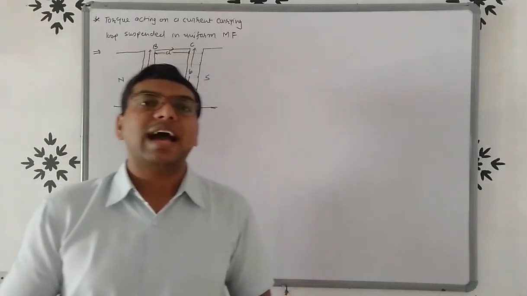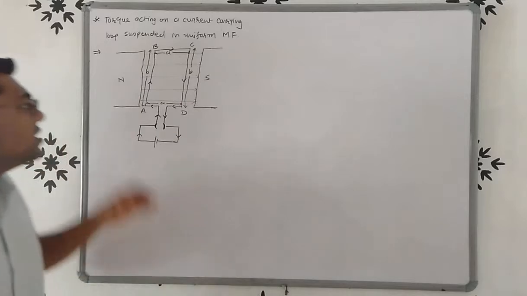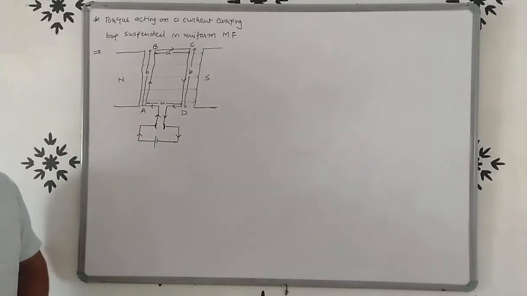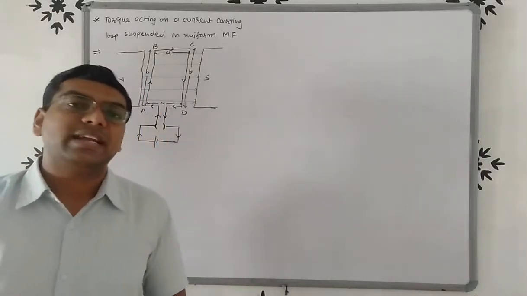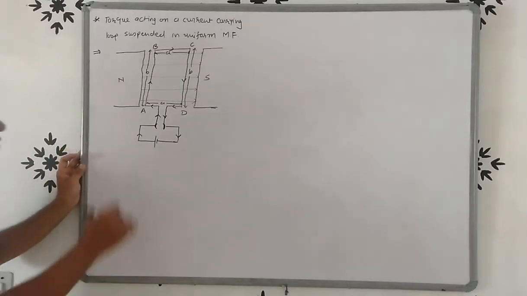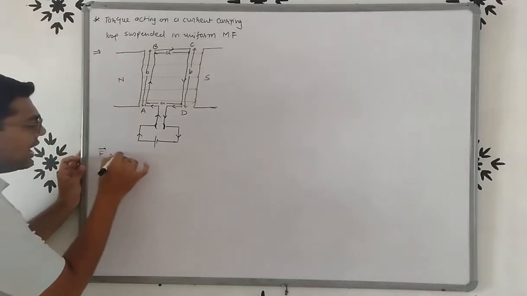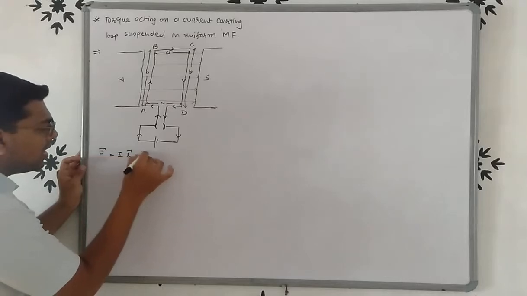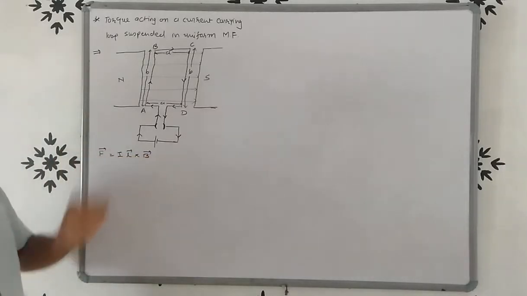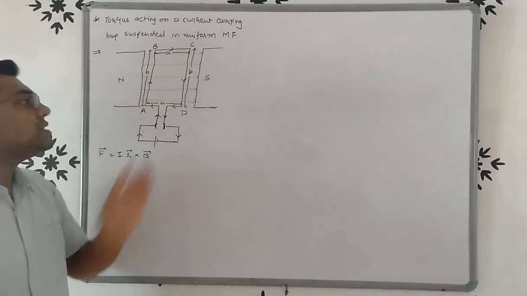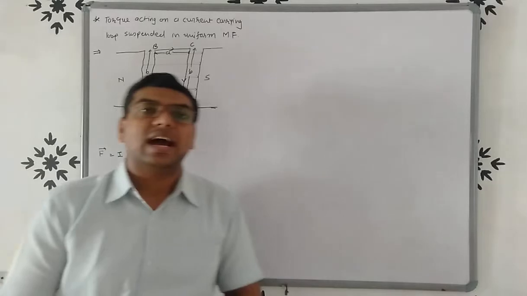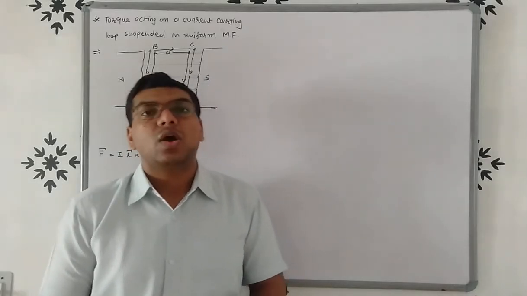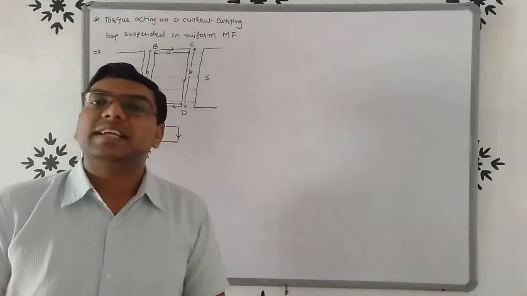F is equal to I L cross B. So there is a magnetic force because a current carrying conductor is placed in a magnetic field. So we have to find the force on this loop ABCD.